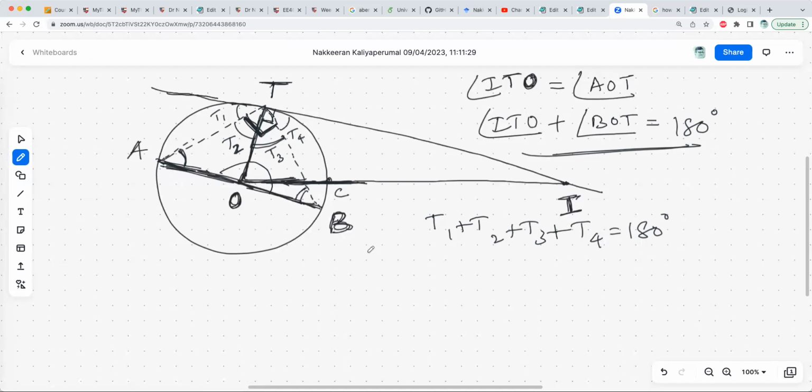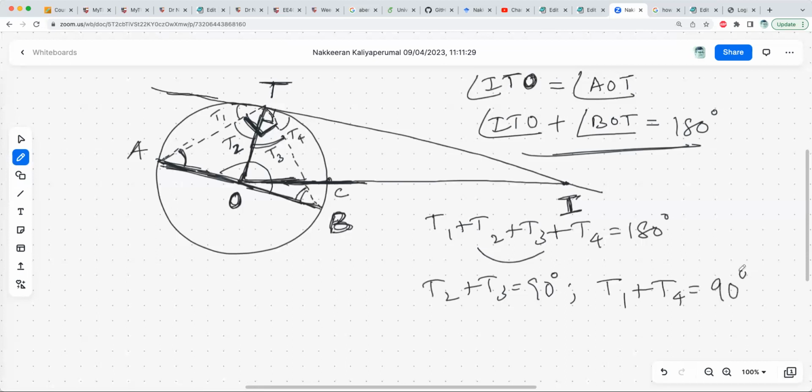Now, we know that T2 plus T3 is going to be 90 degrees, right? Yes. So T2 plus T3 is going to be 90 degrees. Also, because of that, T1 plus T4 is also 90 degrees.